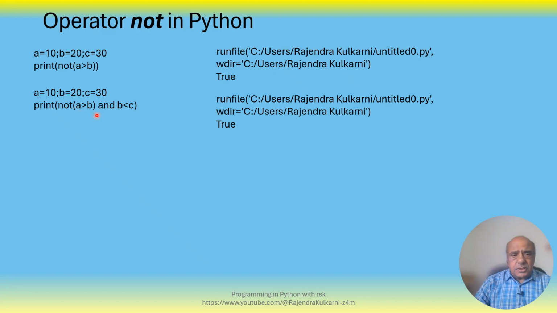A greater than B is false, so not A greater than B will be true, and B less than C, B is less than C, it will be false. So one false and true will cause the expression to evaluate to false, and not of that will be true.